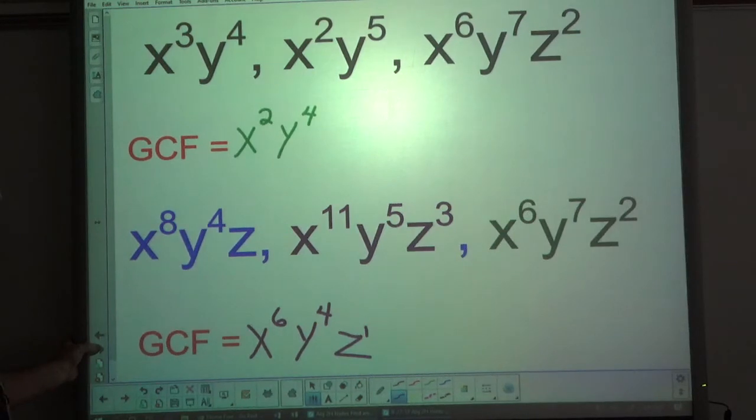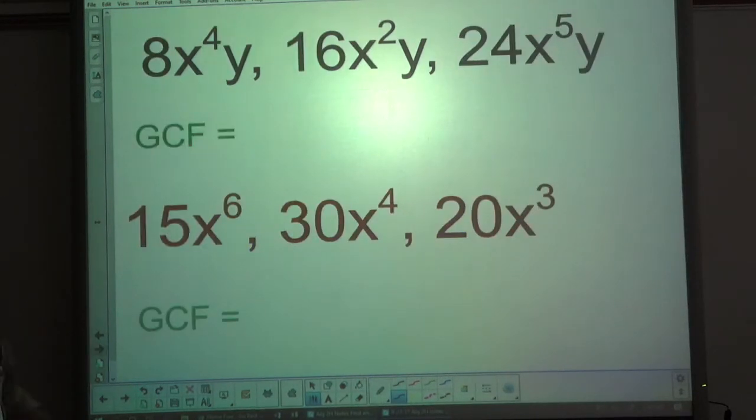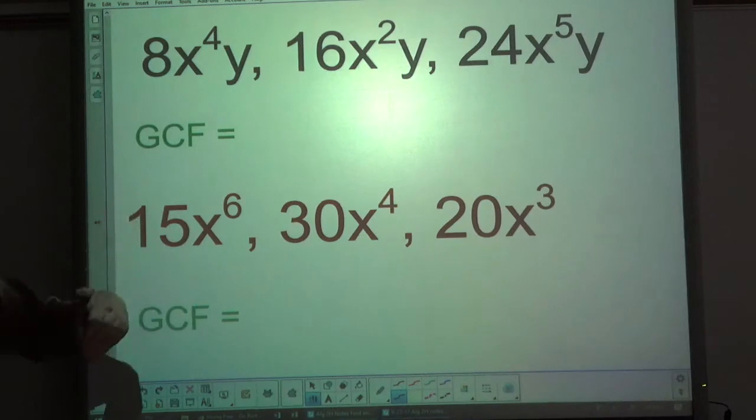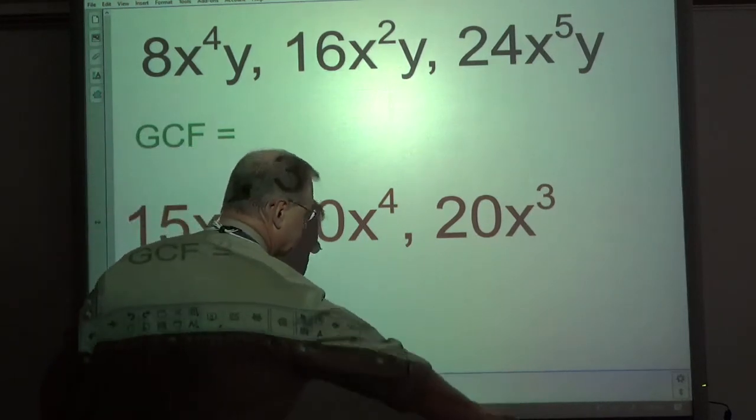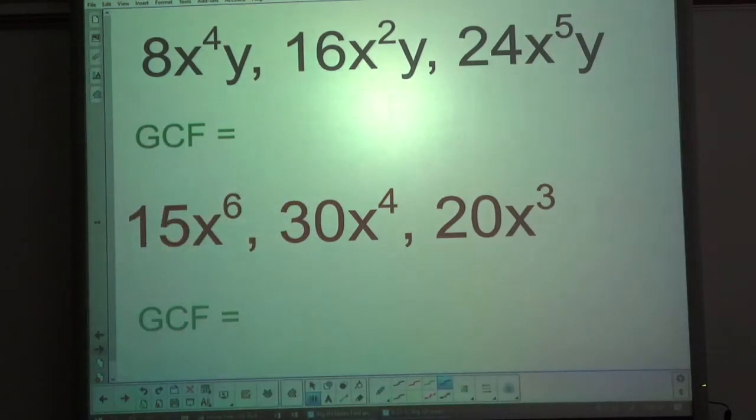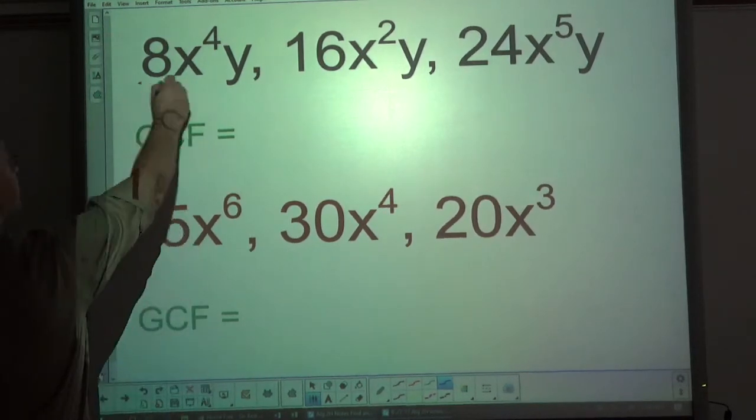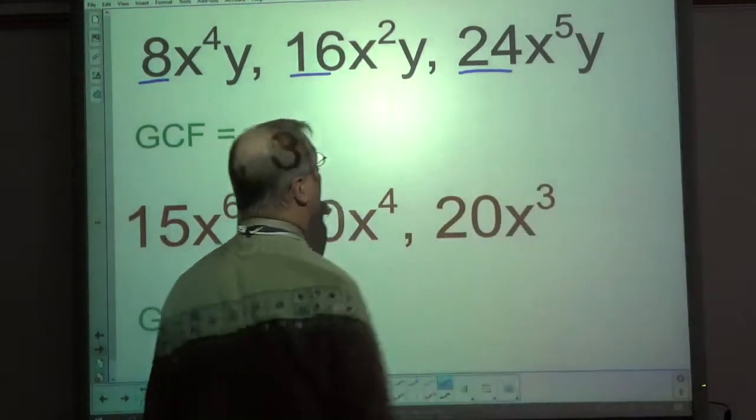All right, let's take a look at combining the coefficients, the numbers, and the variables together. In this one, I'm going to start with my coefficients and then work to the variables, because usually you write your coefficients before your variables. 8, 16, and 24.